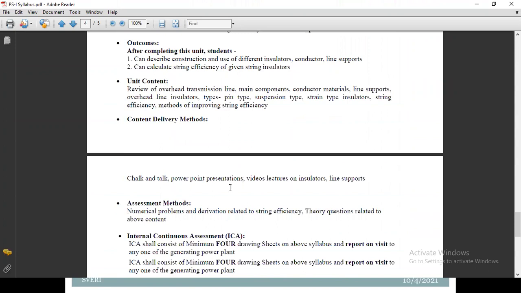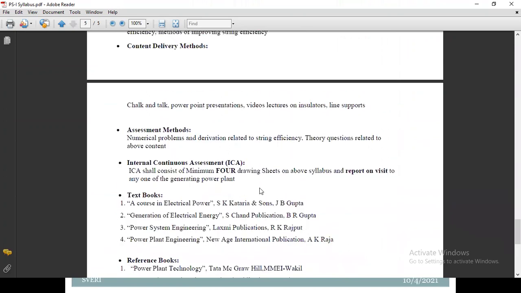Now we will see on which points I am going to give you the term work. We have to draw a minimum of 4 drawing sheets. I will give you different components related to this power system.